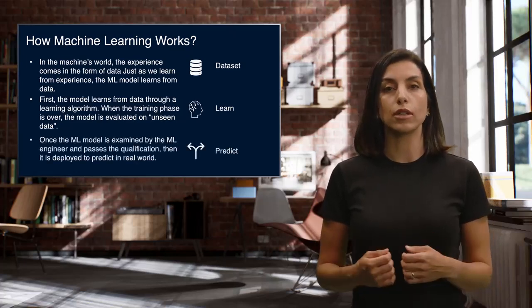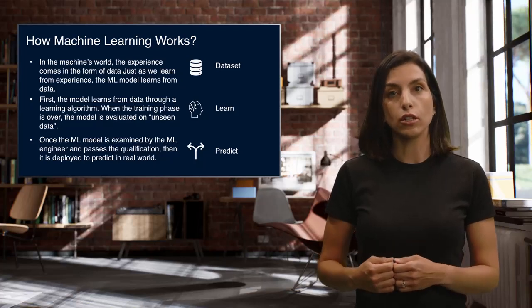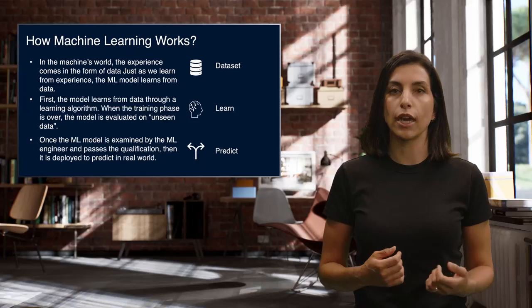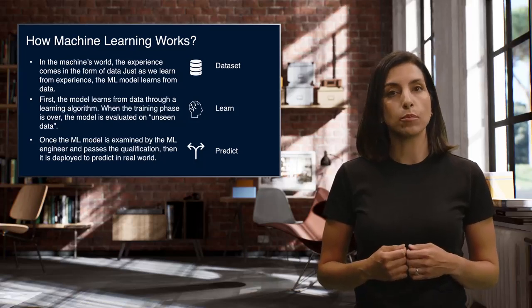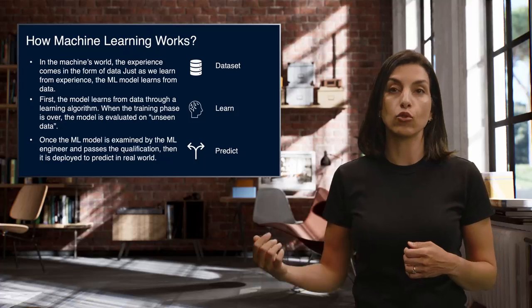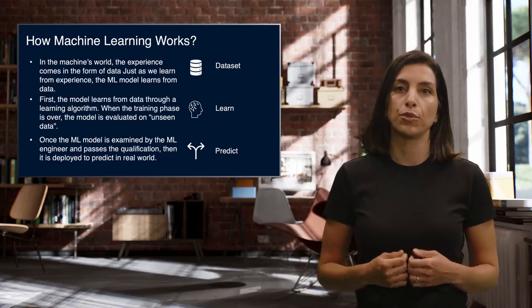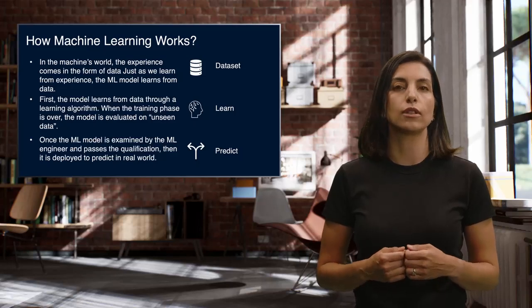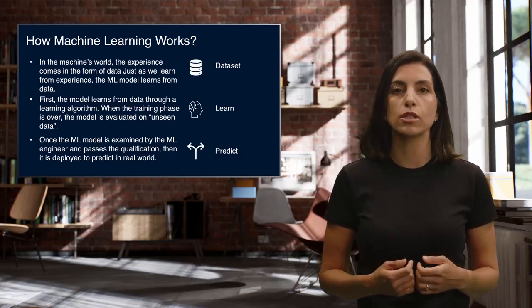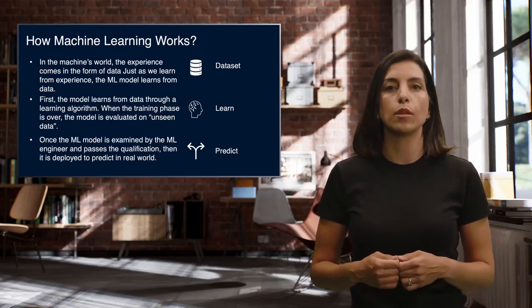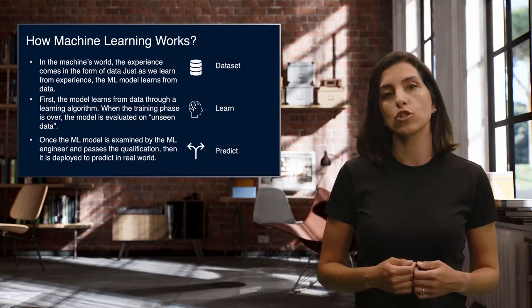Once the ML model is examined by the ML engineer and passes the qualification, then it's deployed to predict in the real world. Prediction is associated with different tasks, such as labeling images in image classification and predicting the next word in language models.